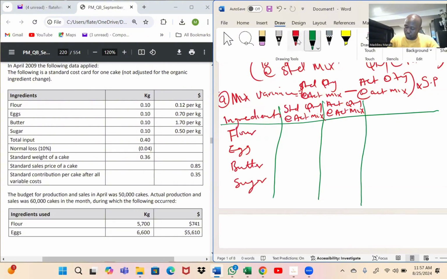My next table will give me my standard price.